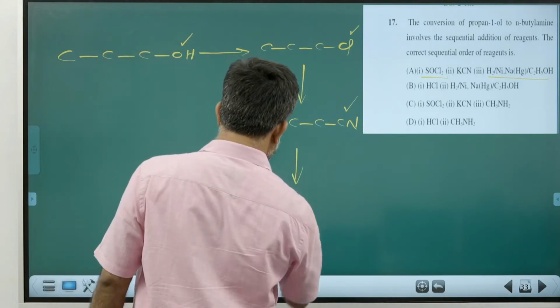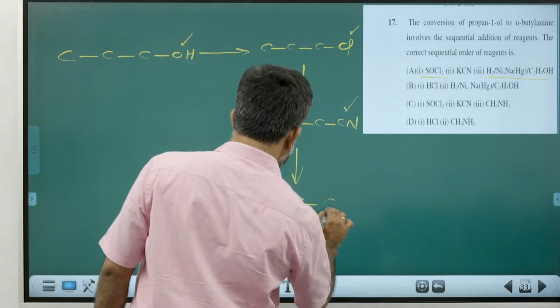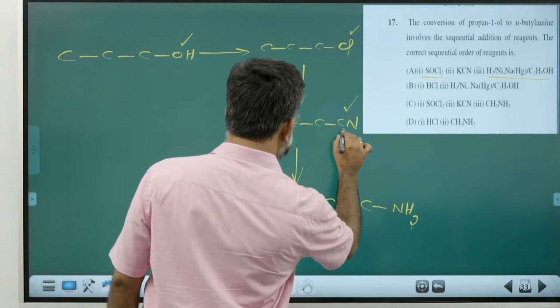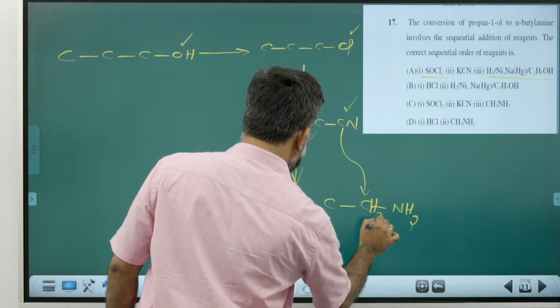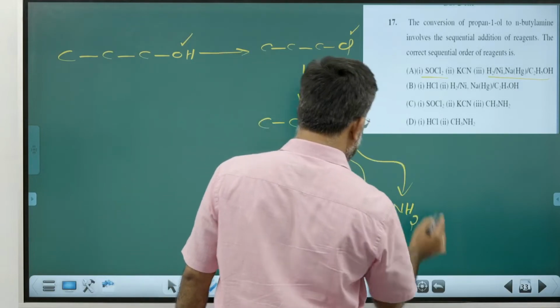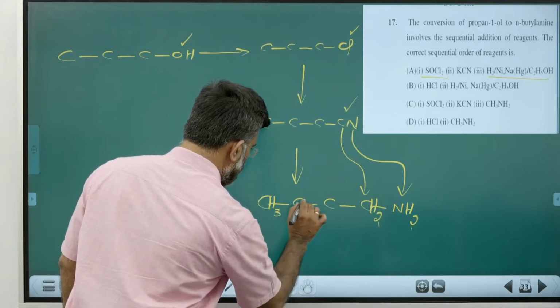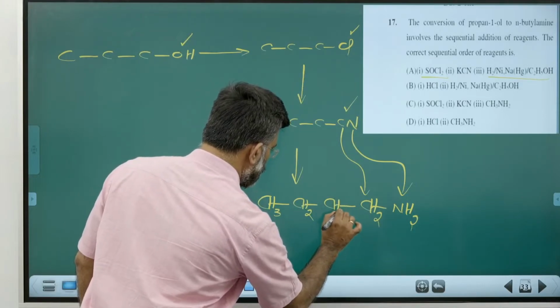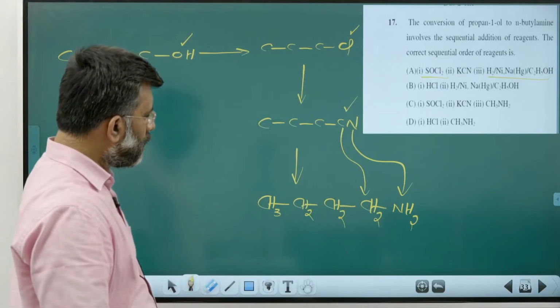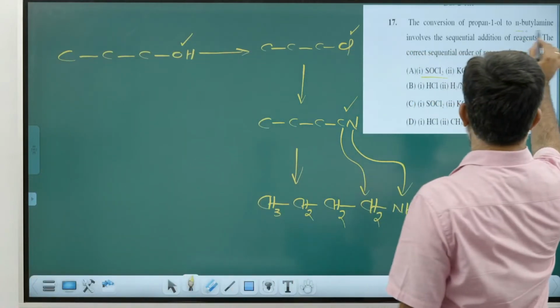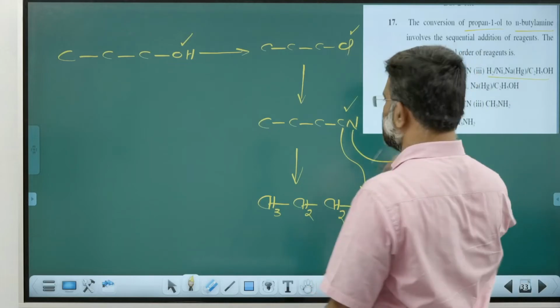The result is CH3CH2CH2CH2NH2. What is that? n-Butylamine. That itself is the answer.